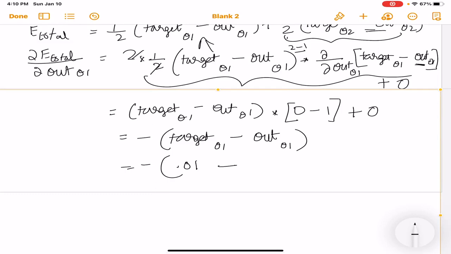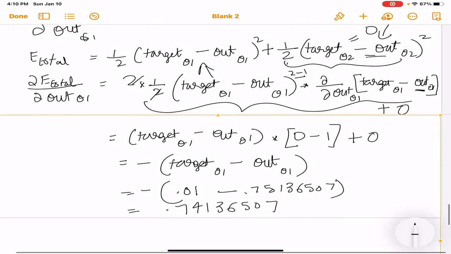So out of O1 is something which we have already calculated in the forward propagation, which is nothing but 0.7513657. So that would be equal to 0.7413657, right?